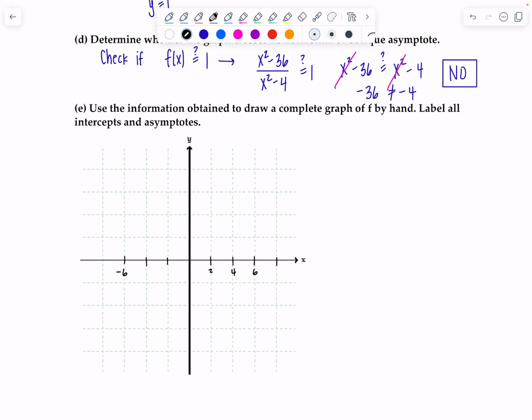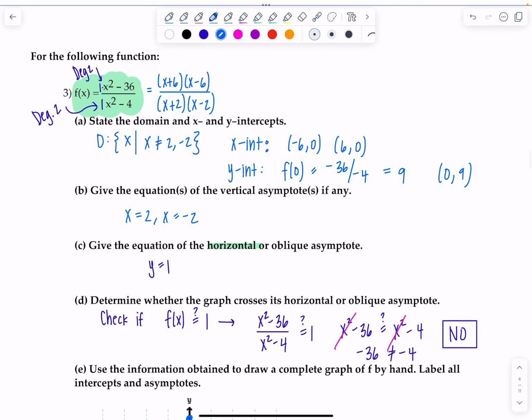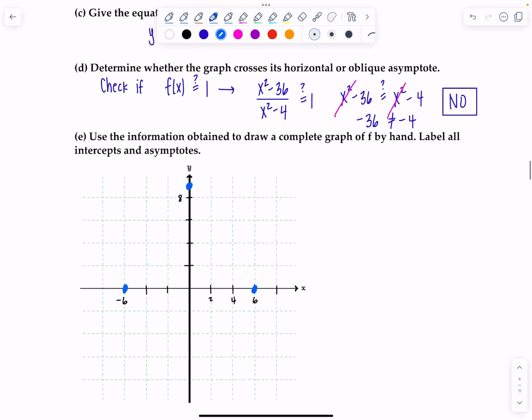Okay, and then same thing here because the y-intercept is at 9, right? That's 8. So let's put 0, 9. 6, 0, negative 6, 0. Those were my intercepts, if you forgot, see? And then we'll put the vertical asymptotes in, plus or minus 2. And then we have a horizontal asymptote, y equals 1.